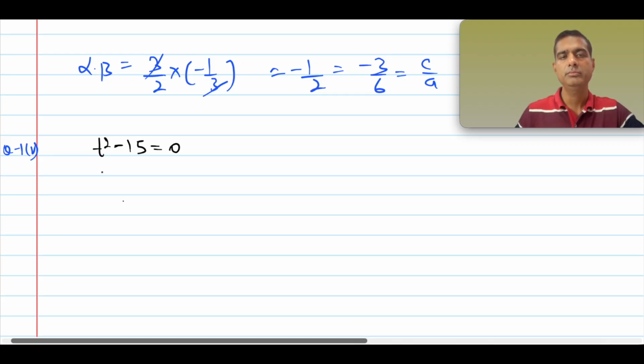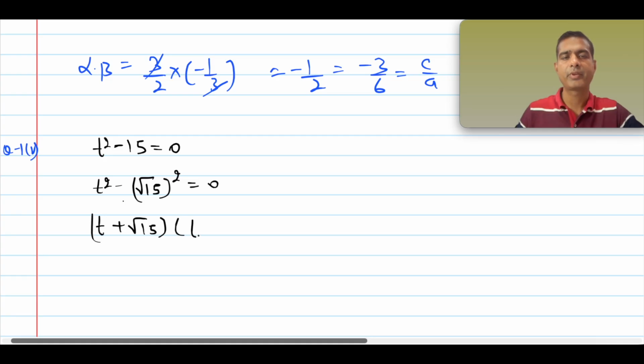So I can write t square minus 15 as t square minus root 15 square. Now this polynomial is in the form of a square minus b square is equal to 0, and we know a square minus b square can be written as a plus b times a minus b. So we can write it as t plus root 15 times t minus root 15 is equal to 0.